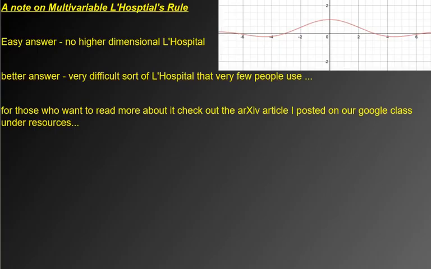So I said something about this briefly last time, but I thought I would add a little more here. The reason L'Hopital's is hard is because there are so many different paths to approach on. And there is technically a way to do it. You need something called a directional derivative, which we talk about later in this chapter, but not quite yet.